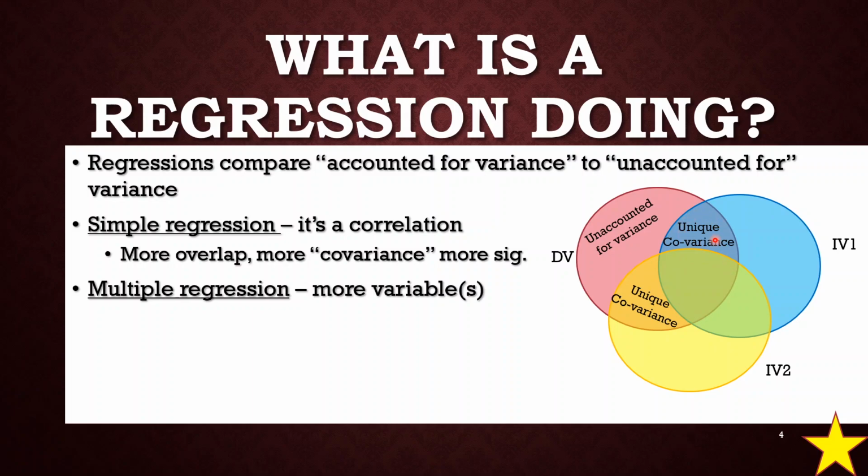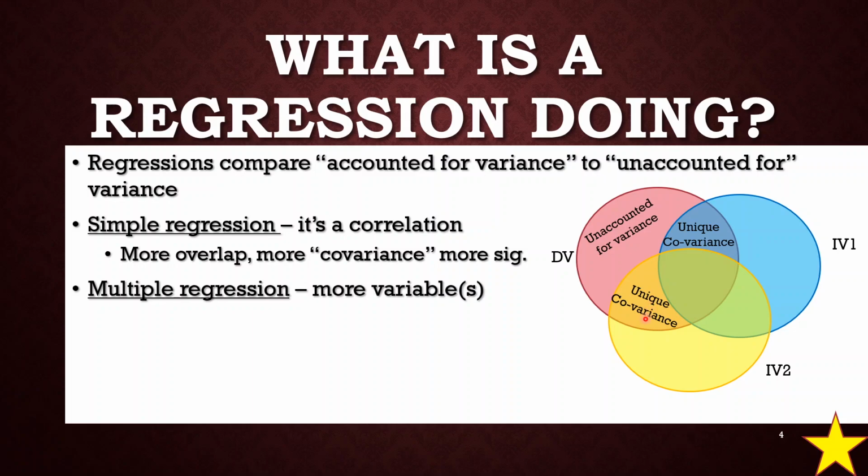And this unique covariance is now the significance of the coefficient. This shared covariance here is tossed, ignored, when you're checking for the significance of your independent variable coefficients. But all of the accounted for dependent variable variance is included when checking for the R-square or overall model significance.